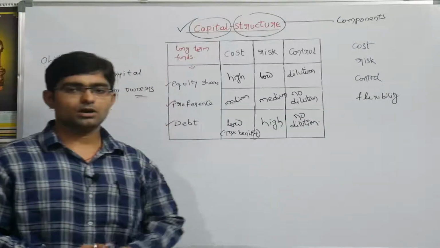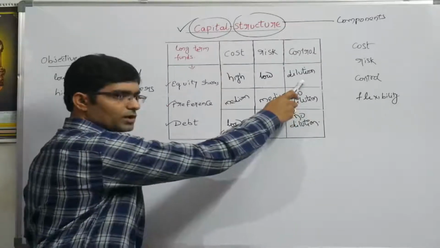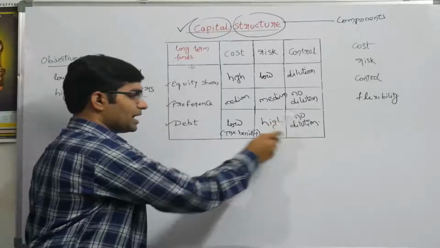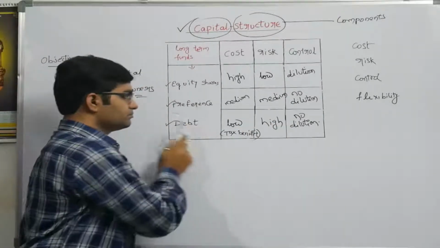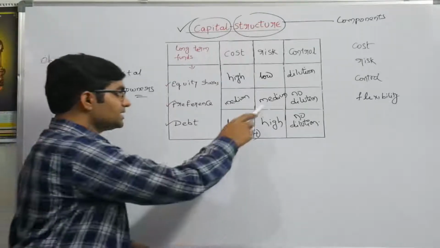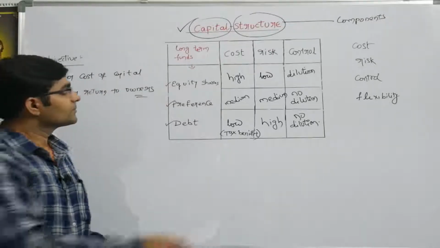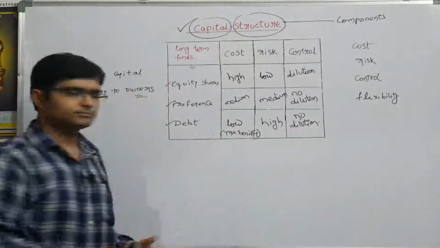Now, what about control? Let's see this table. There is a dilution of control with equity. No dilution, no dilution with the other two. Can we select any of these two? No. If you select this option, the risk is higher when compared to equity.